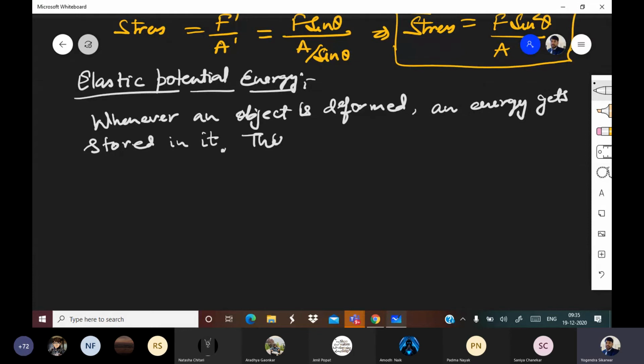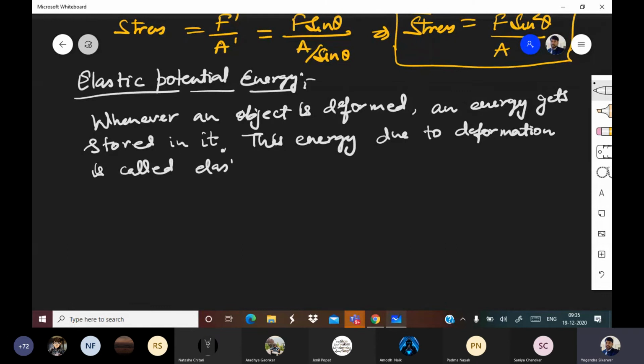This energy, due to deformation, is called elastic potential energy. This energy due to deformation is called elastic potential energy.